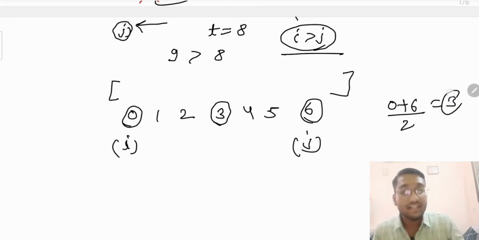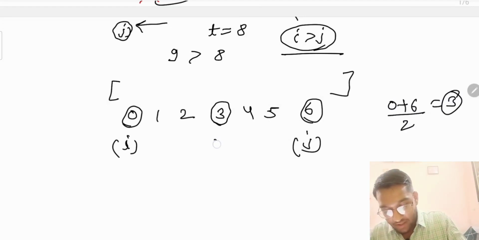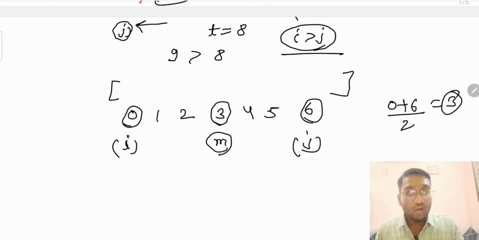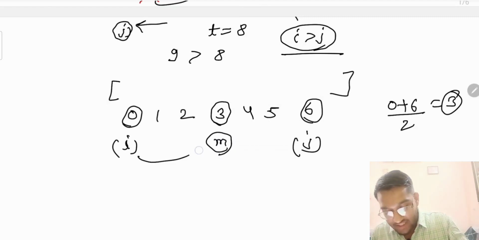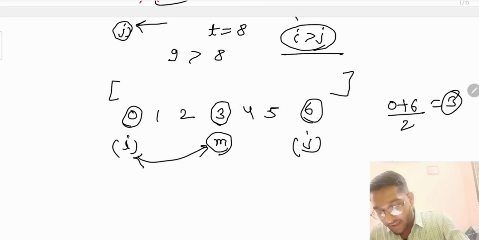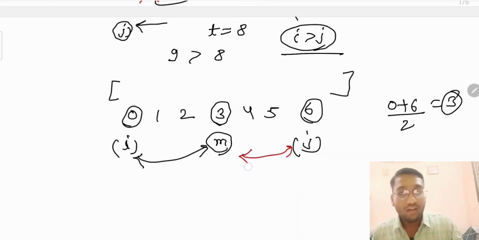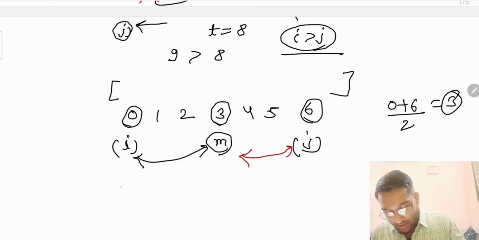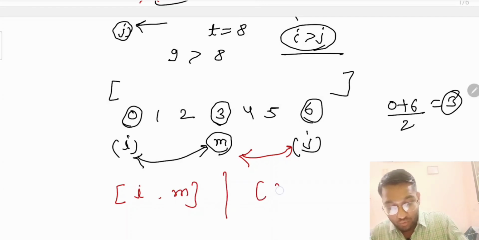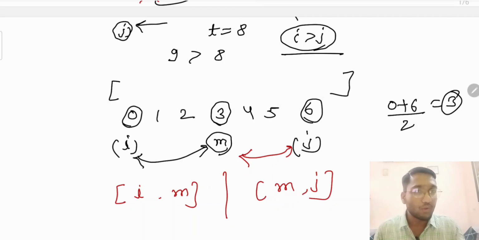So the middle element is 3. So that now becomes M. Now either you should select this portion or that particular portion. So now our new array will become I to M or M to J. That will become our new array.